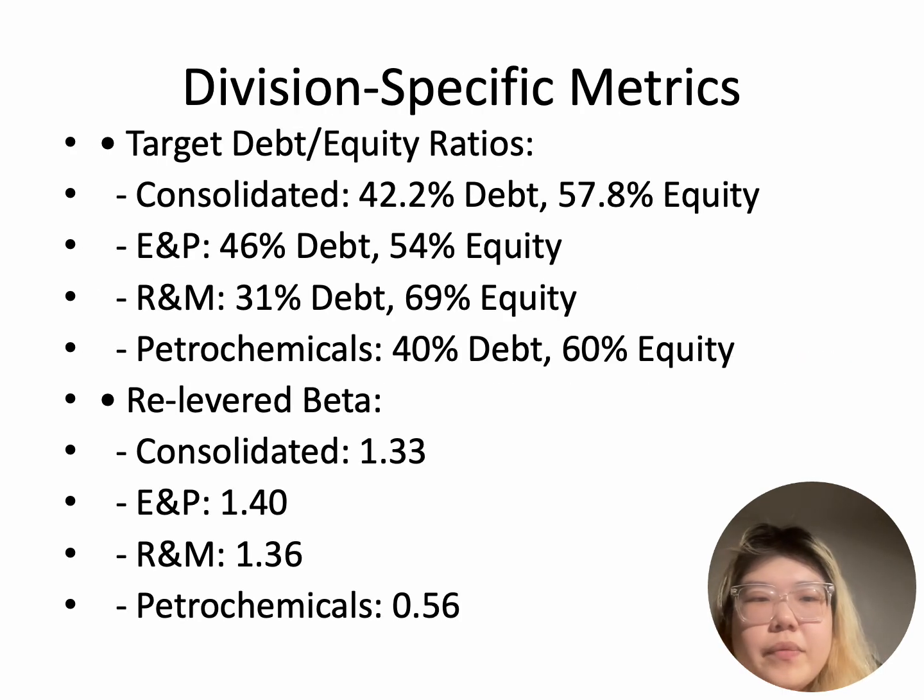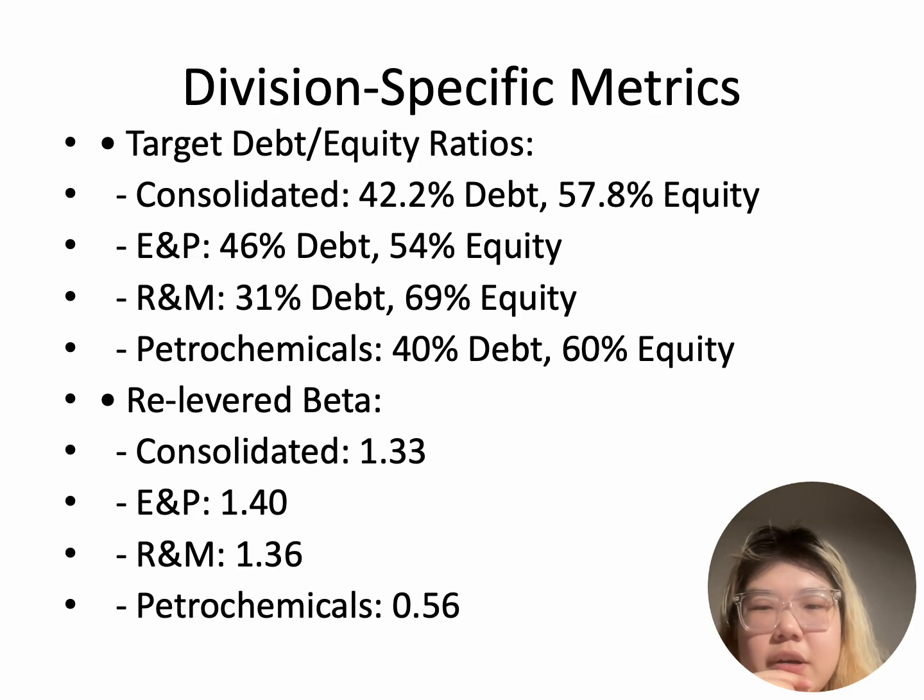As we talked about the beta previously, each division has a unique target capital structure and risk profile. For the EP and RM parts, the debt and equity and also the beta have been given in the case. We need to find the petrochemicals data. To ensure this, we reweighted the beta for all divisions.